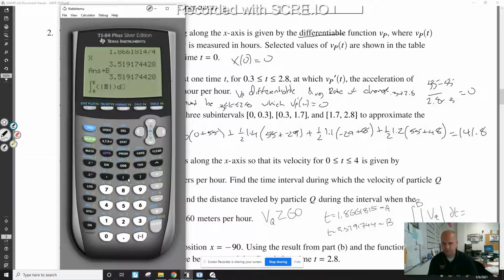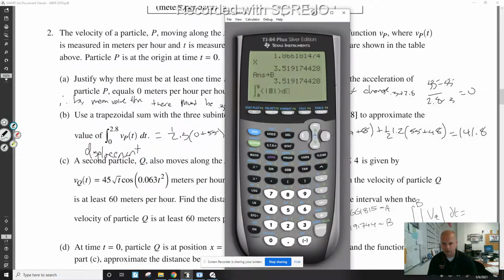Don't round it. The velocity of Q is 45 root t cosine 0.063 t squared. Okay, and you get 106.108.